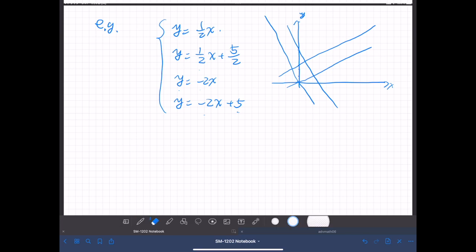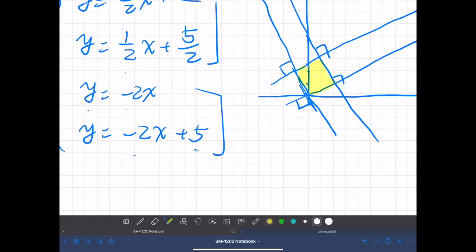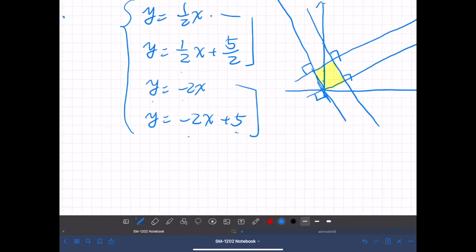So you can see that these lines and these lines are perpendicular to each other. So the region defined is this part. Actually, this is a square, if you check.